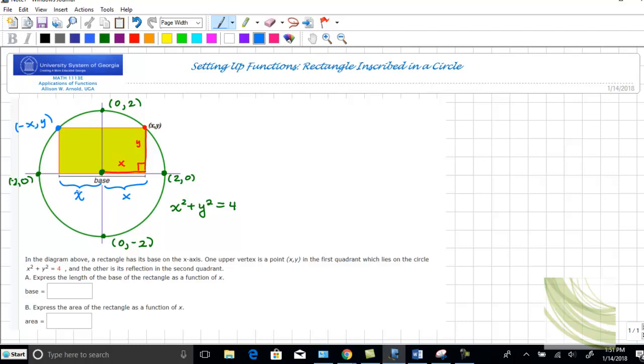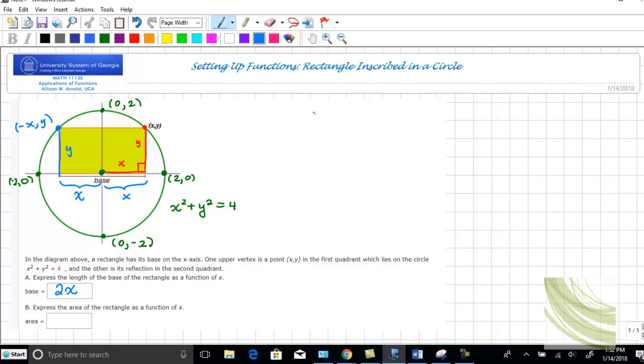So symmetry gives us the fact that when you went right x units, you would also go left x units and up y to get to the corresponding point on the other side of the rectangle. So the base actually has length 2x.